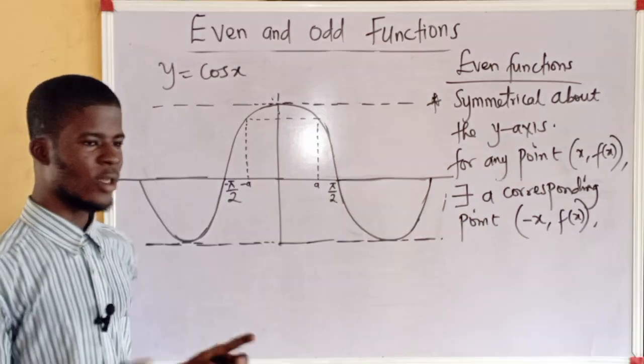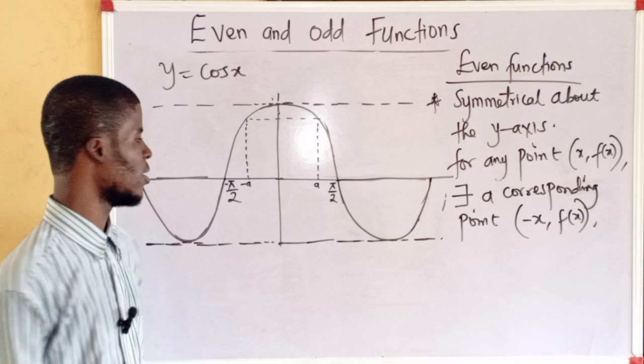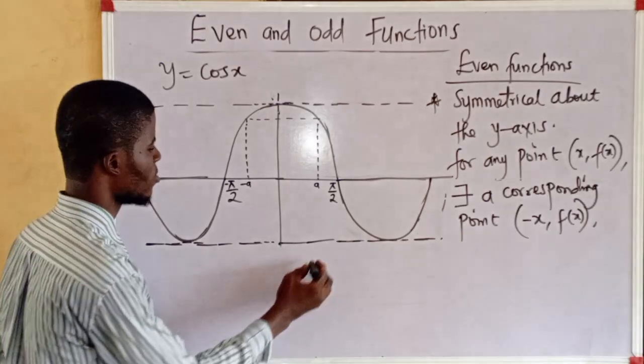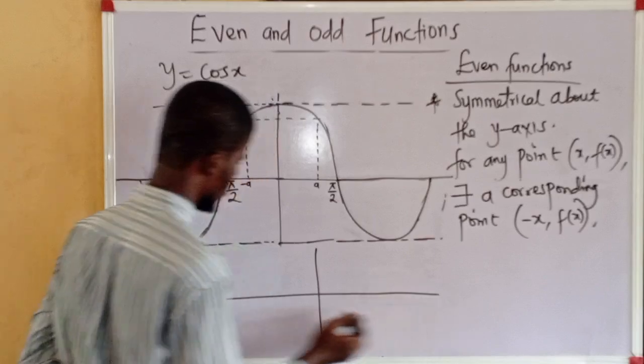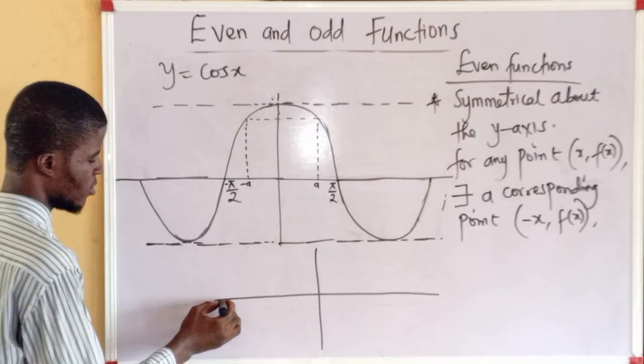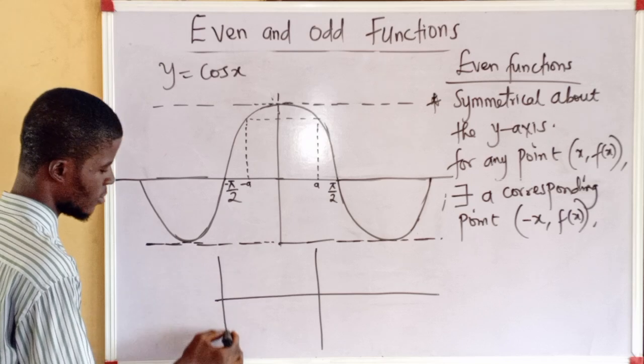All right. Let us take, for example, a non-sinusoidal waveform. That is something like this.